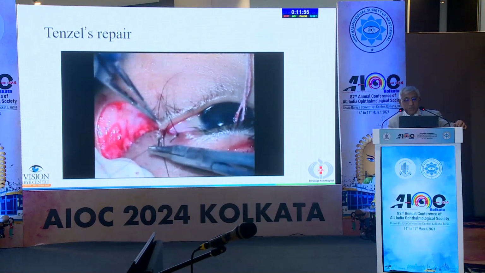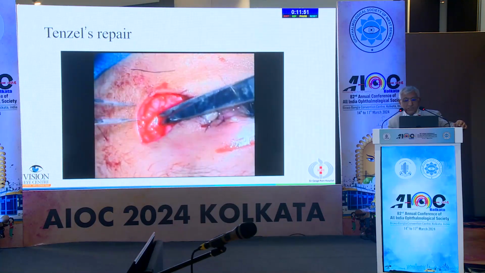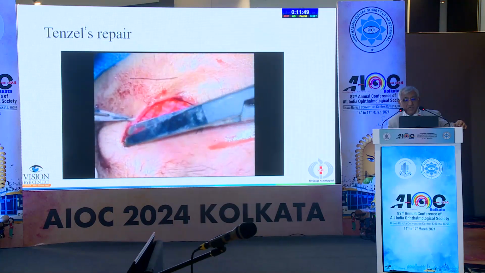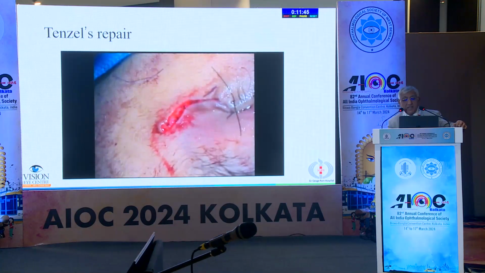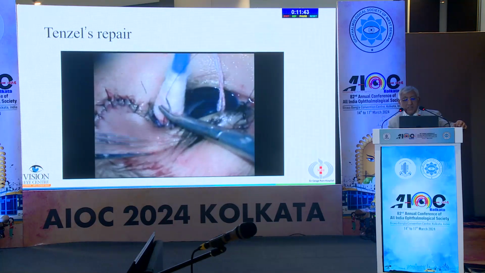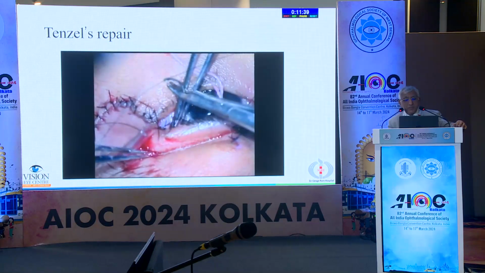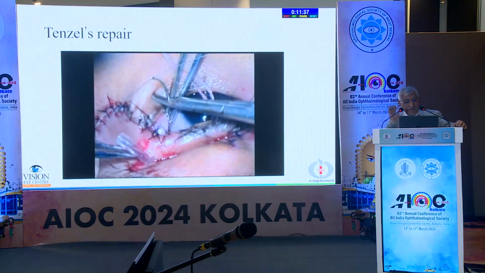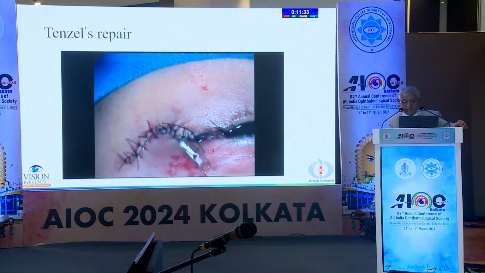So you can pass vertical mattress sutures, or you can take the marginal sutures as we did earlier in order to create the good lateral canthus, where lateral angulation is important. Then we close the skin, and then we also make sure that we have not allowed the lateral fornix to become shallow by passing a double arm fornix creating suture.